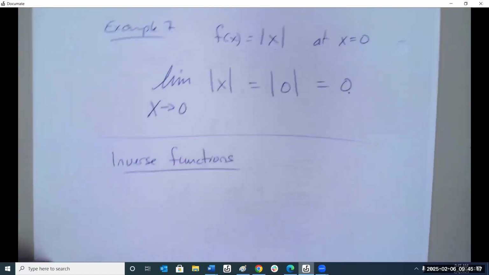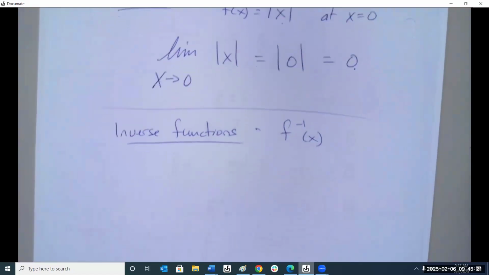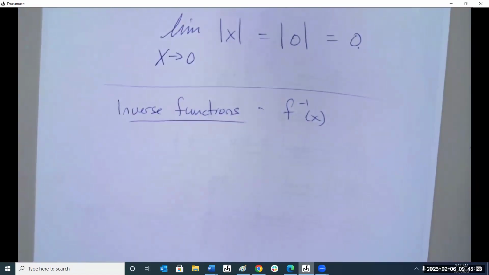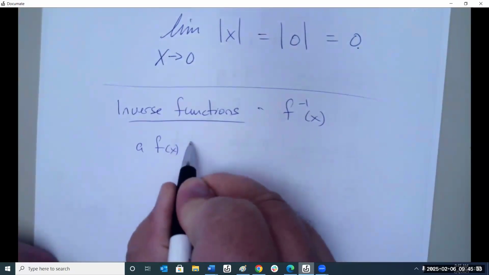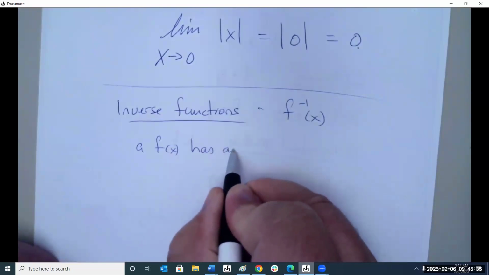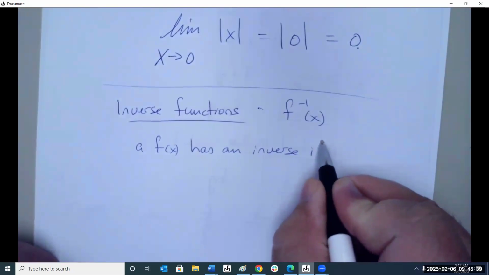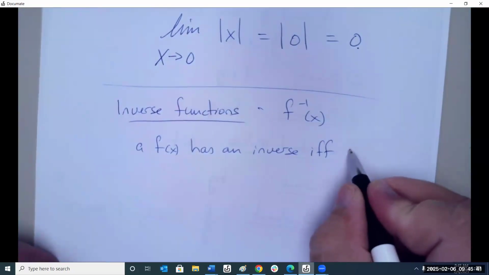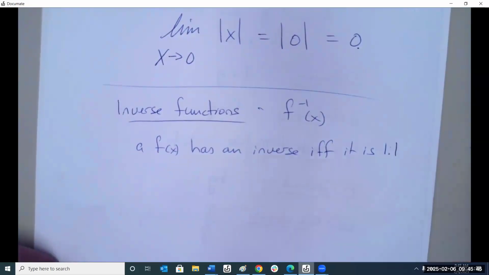How about inverse functions? Do you remember how to find inverse functions? A function has an inverse if and only if it is 1-to-1.